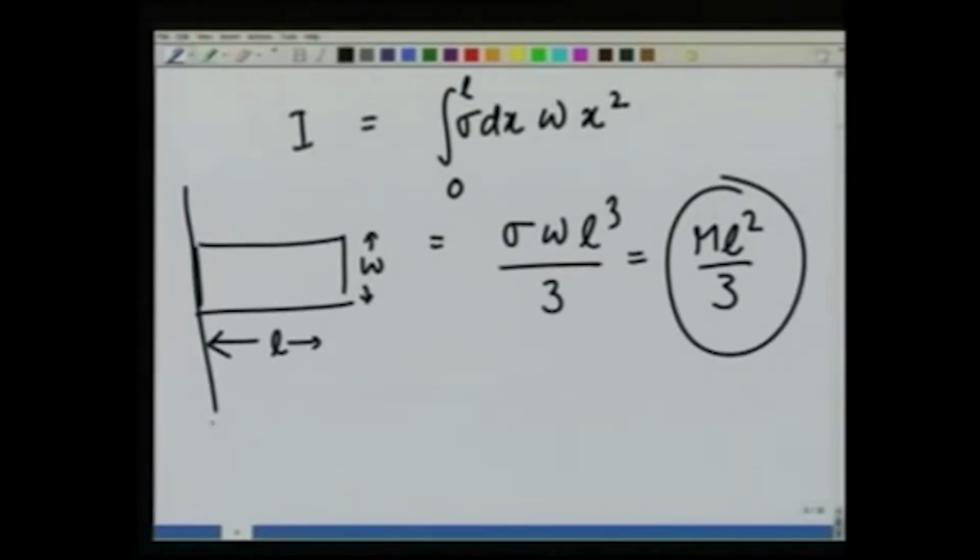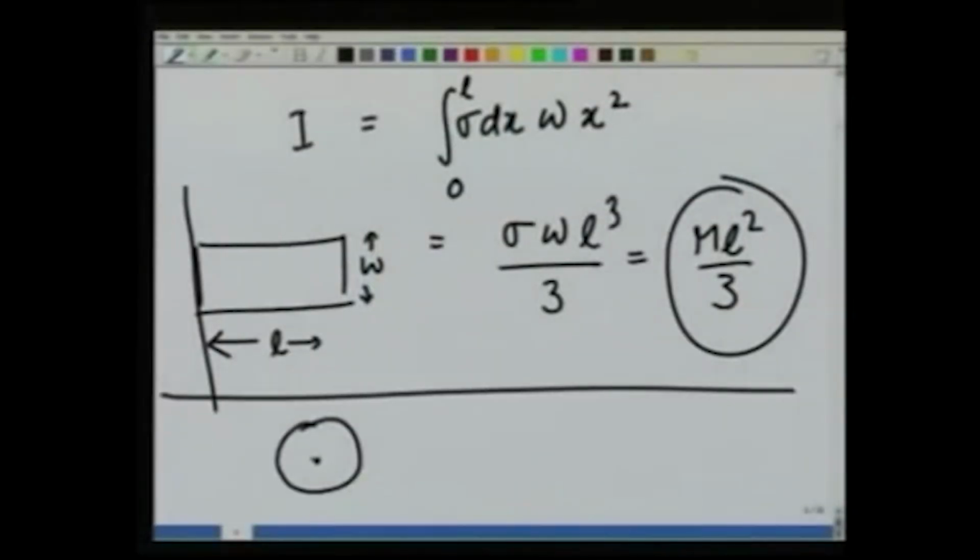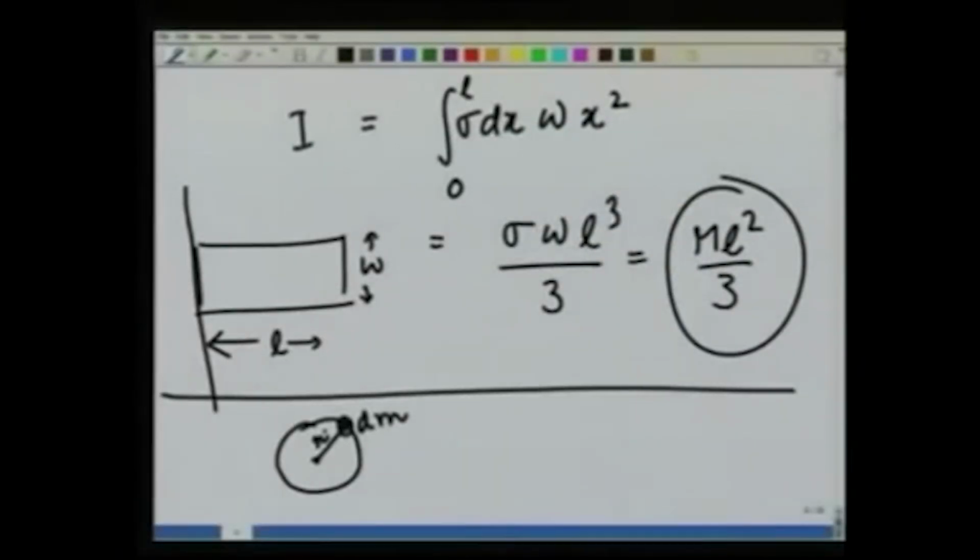As a second example, let us take a ring of mass m and calculate its moment of inertia about its center. Then if I take any mass dm here, all over the periphery the mass is at the same distance from the axis r, and therefore, I is going to be integral dm times the radius square. r is a constant, so it comes out to be m r square, another familiar result.